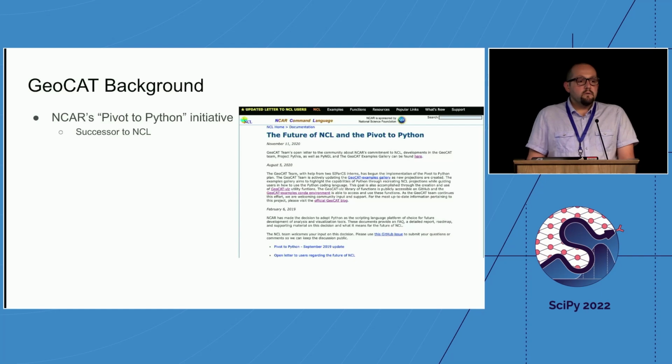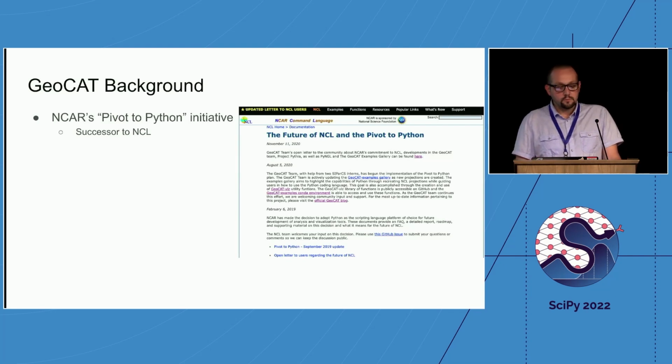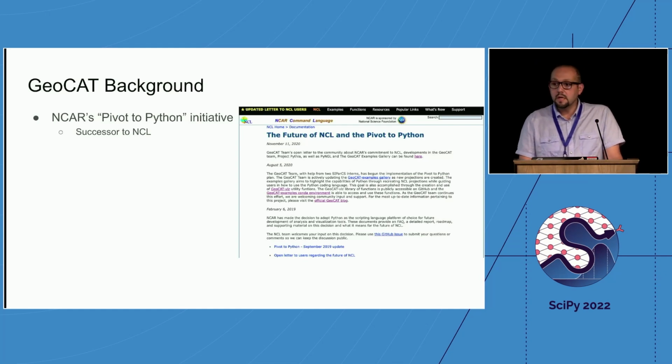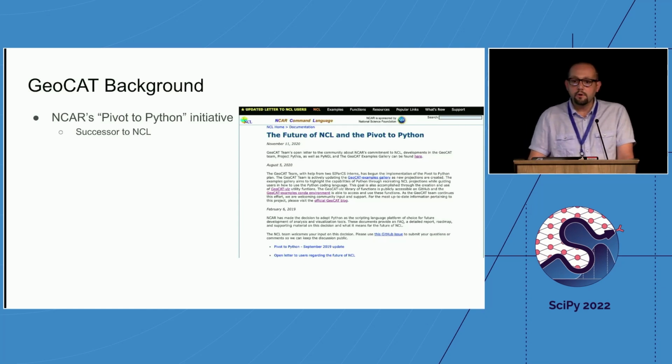Before we get started with the GeoCAT insights, I would like to give some background information about how the GeoCAT team was first formed. It goes back to the year 2019 and the Pivot to Python initiative of NCAR. Before then, there was NCL, the NCAR Command Language, for data analysis and visualization purposes of the global geoscience community, and it has served several tens of thousands of people for decades.